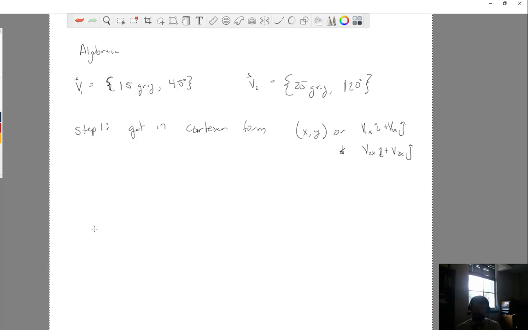Okay, so to do that, what you do is you imagine, and you can just kind of sketch this, if you will. You can imagine that vector v1 is given right here, and then you have an x-axis and a y-axis. So let's go ahead and just draw a nice x and y-axis in here. Here's your y-axis, here's your x-axis. Your x-axis comes out here, more or less horizontal.